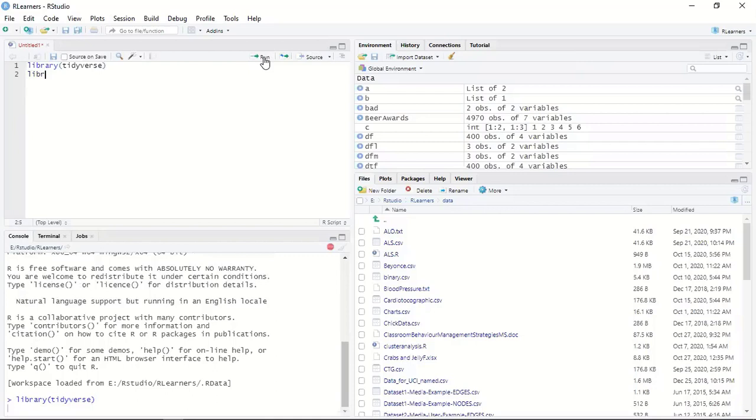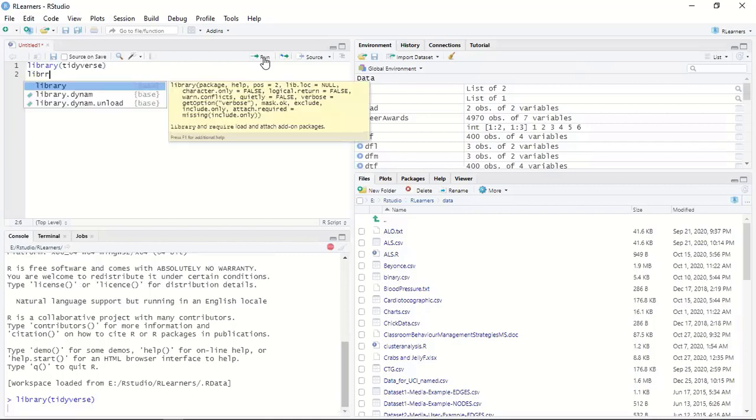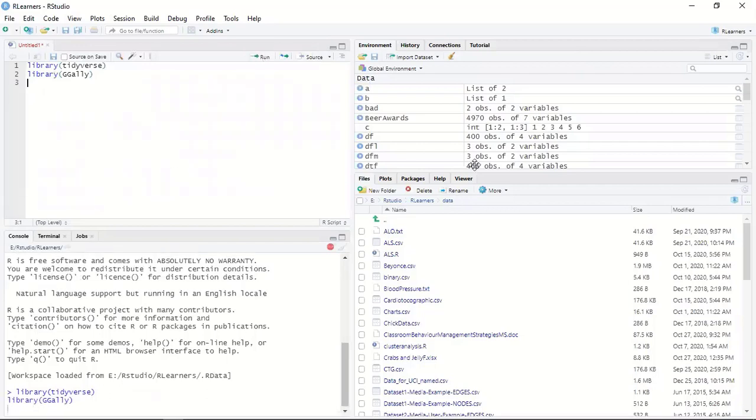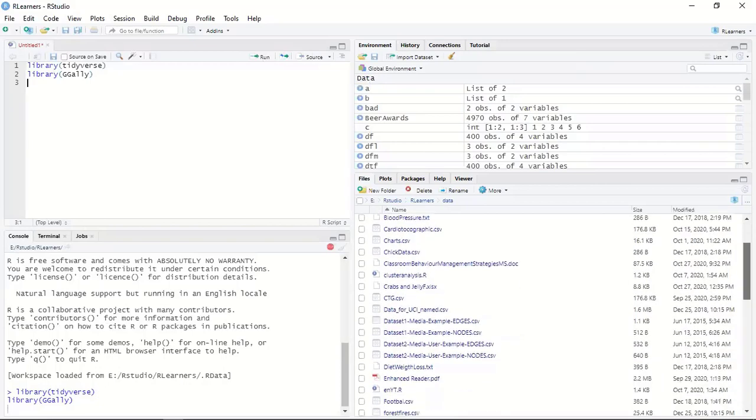Have the one that I told you about. GGally. So where is our data? The physiochemical parameter data.